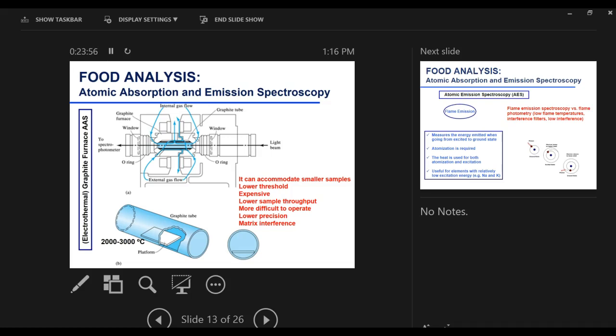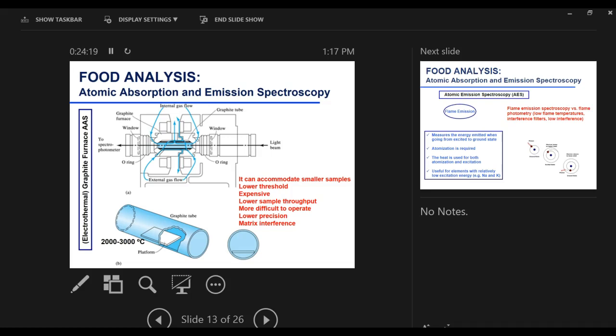Some of it goes to the waste, some of it makes it to the flame. So you need that much sample. For this, you can work with a drop of sample. So you can have less sample if you have a sample volume limitation, and you can accommodate smaller samples.